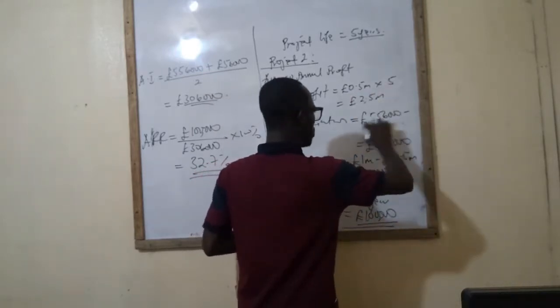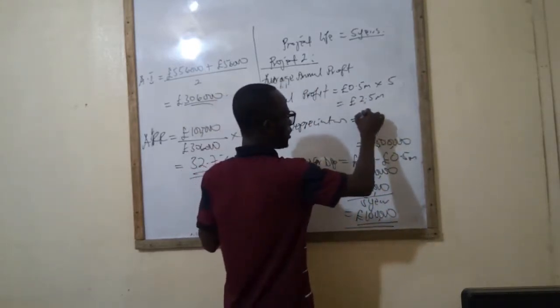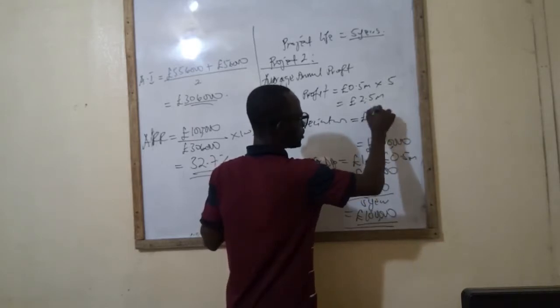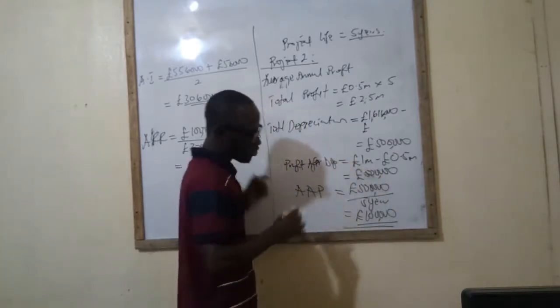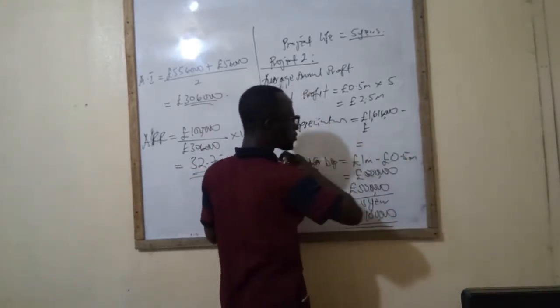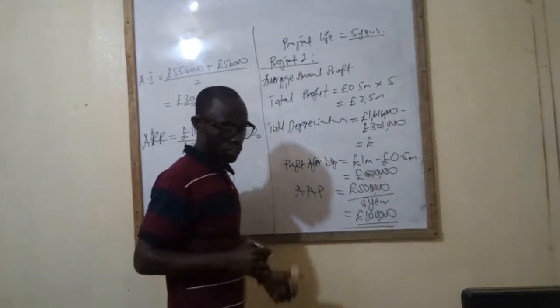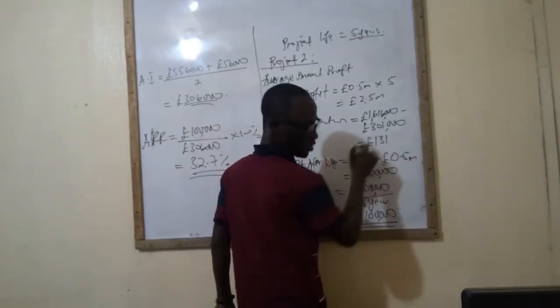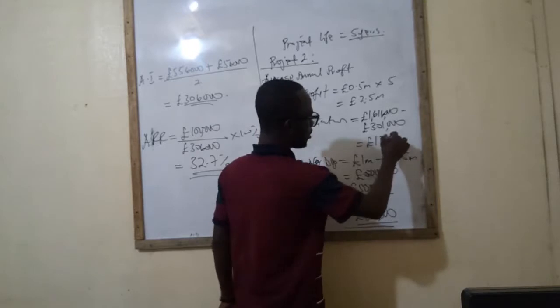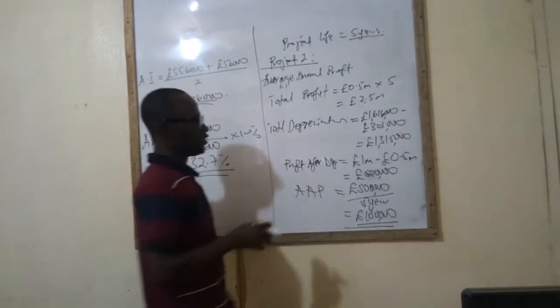And we are told in the question that the cost of this asset is £1,616,000 minus the scrap value of this asset, 301,000. So when we subtract, the total depreciation on this asset is going to give us 1,315,000. So this is the total depreciation on the assets.